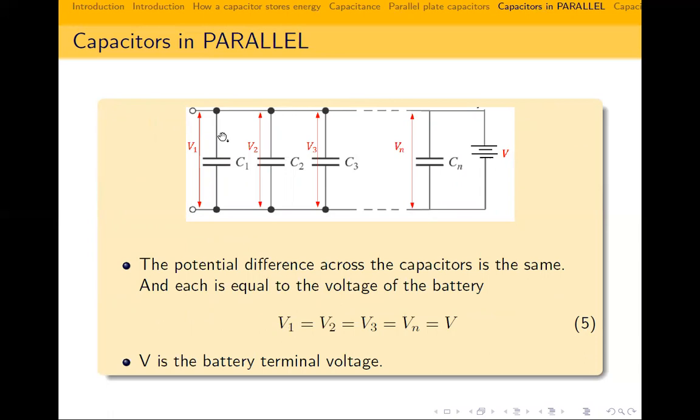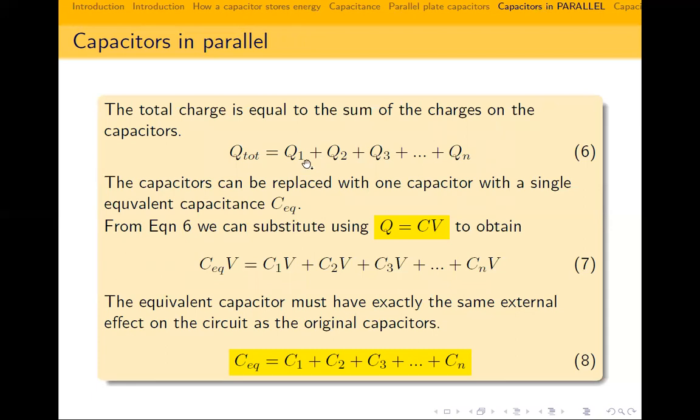In other words, the charge behaves like current when you are dealing with resistors. If it is in parallel, you have current distributing in all the arms. So the total charge will be equal to Q1 plus Q2 plus Q3 up to whatever number that you have.